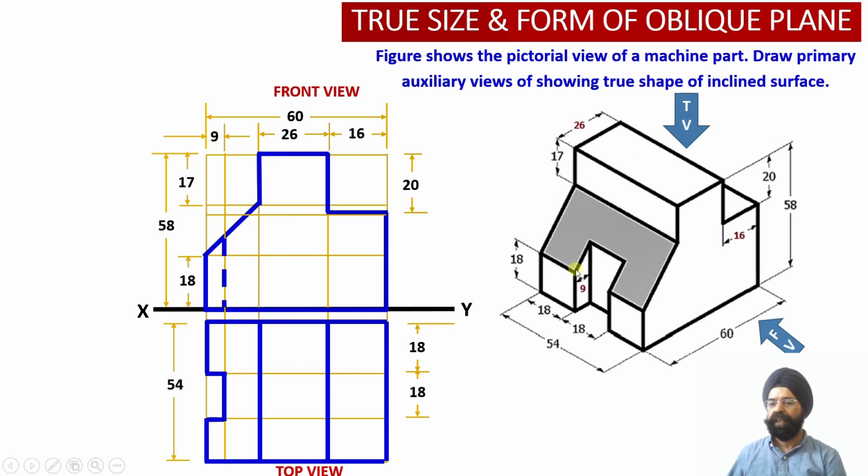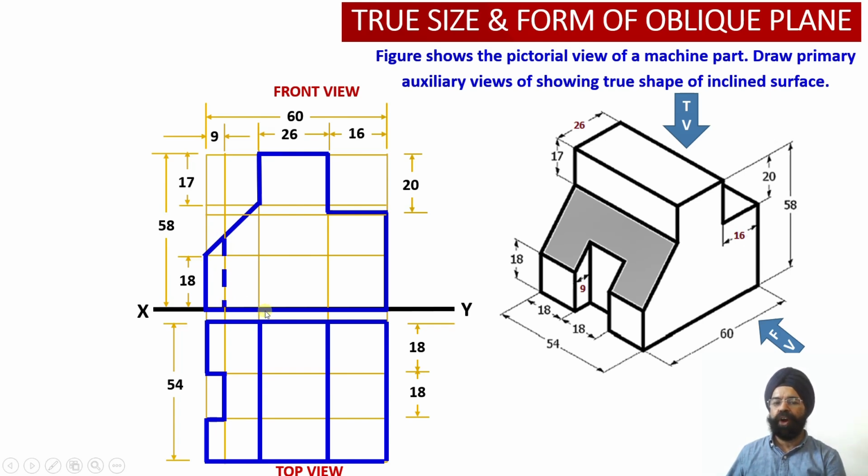Here we have the apparent shape of this inclined cut section, which appears as a shortened or apparent view in the top view projections. So this is apparent shape, this is true shape, and this is true shape. Once we look at the solid from the front, this is the true shape projection of this face, and again this face also appears as true shape in the front view projections.